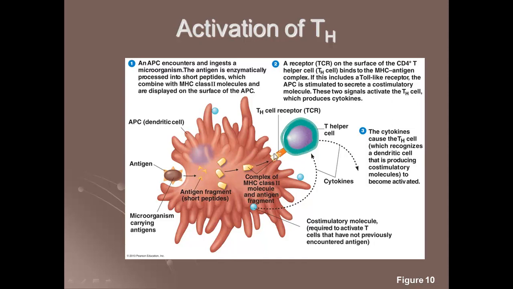So here's the MHC molecule and the antigen. And here's a T helper cell going by, and it's like, wait a second, I recognize this. It recognizes it, it binds to it, and that causes the release of interleukin 1 and then the release of interleukin 2. And then that's how the cell continues to activate the immune response.